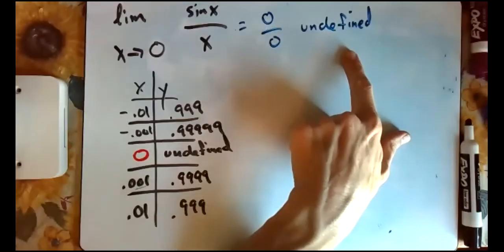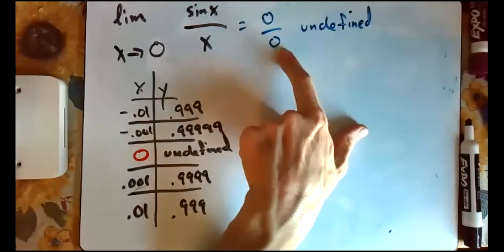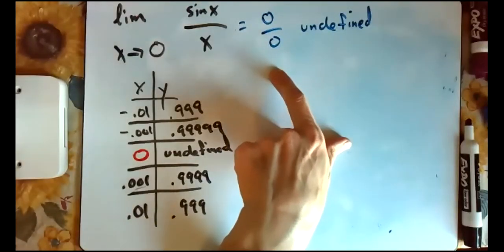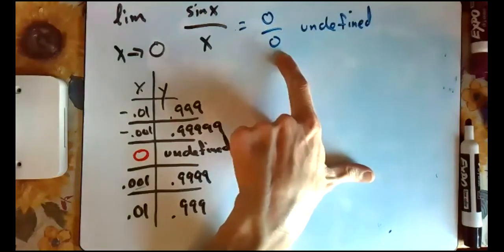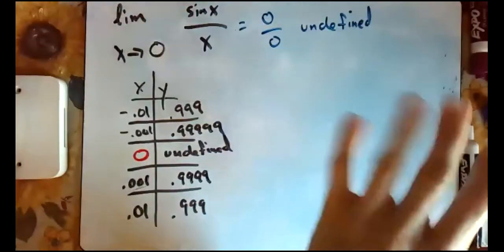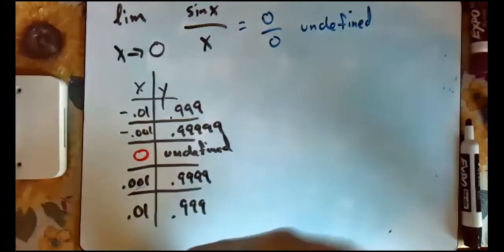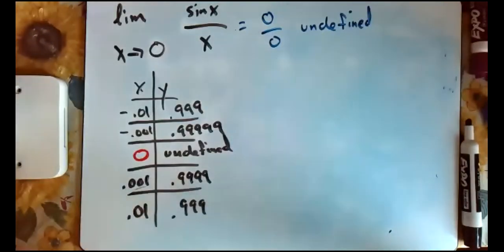So in this case, even though when we initially looked at the problem we had that issue, it's undefined because you're dividing by 0. Remember, anytime you get anything divided by 0, it doesn't matter what you're doing, game over for that expression. It's undefined. But that's not the limit in this case. The limit does exist.